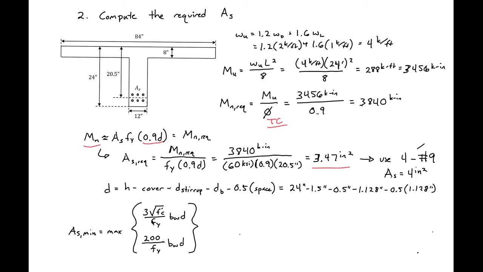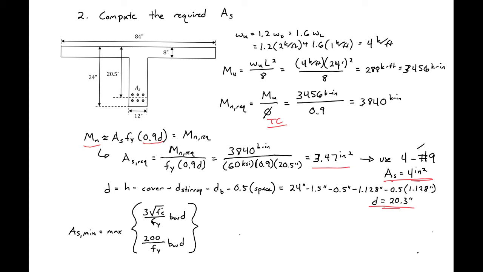And this will give us a D equal to 20.3 inches. So now we have our area of steel, and we have our depth of that steel.